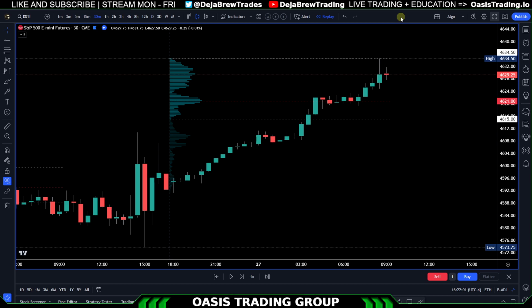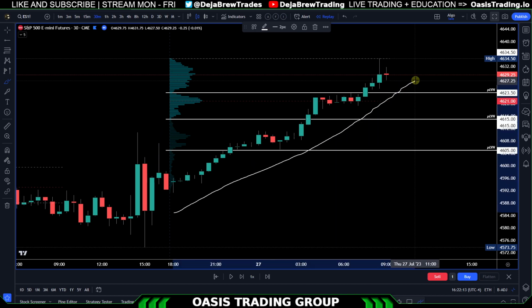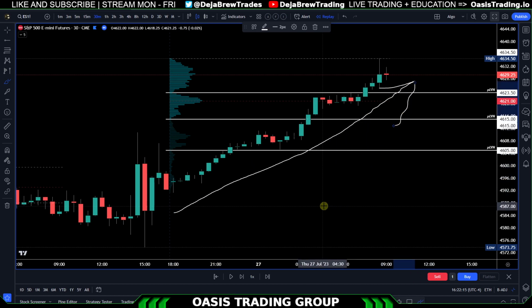Okay, so what we need for the overnight fade to occur, we need a one-sided overnight session. And what we mean by one-sided is we need it to be very one-directional. So we want it to be heading in either a complete uptrend or a complete downtrend.